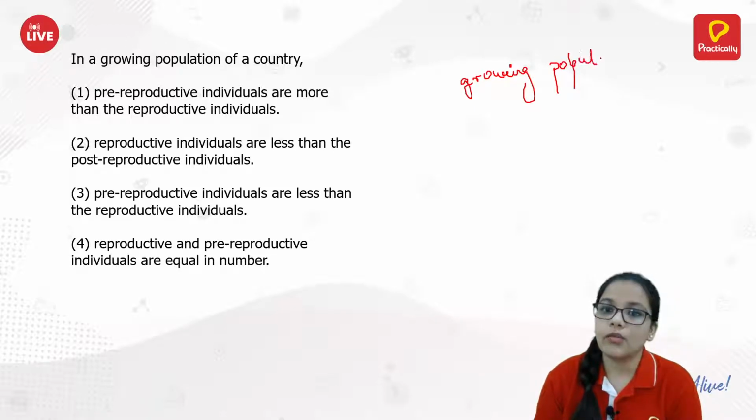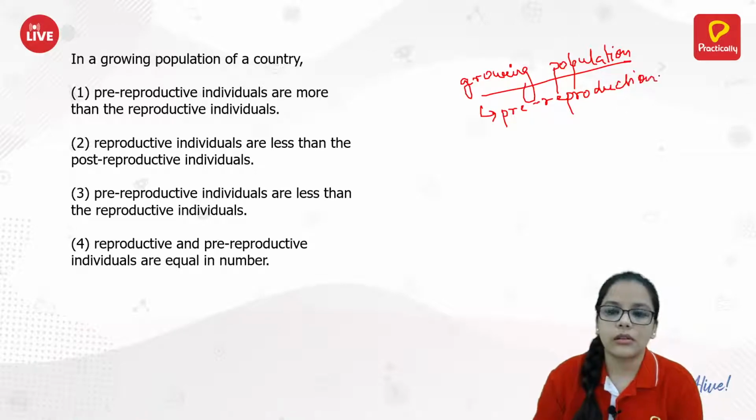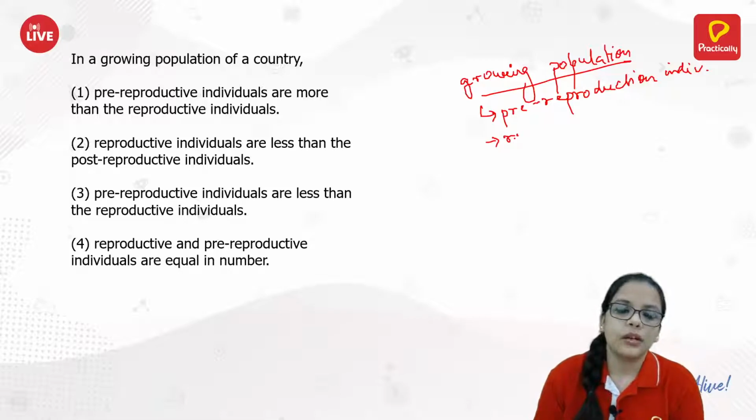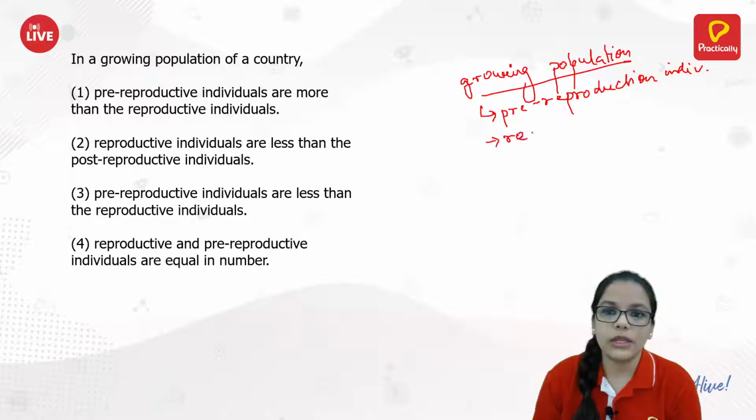The growing population will have more young people than older or mature people. So they'll have more pre-reproductive individuals, and the reproductive and post-reproductive individuals will be less.